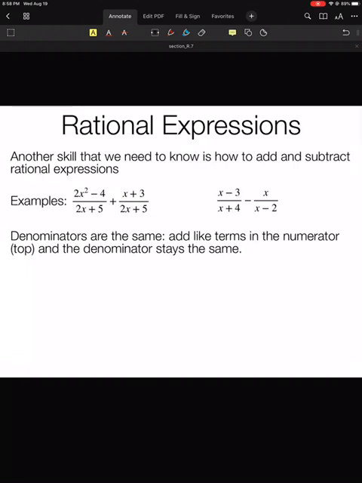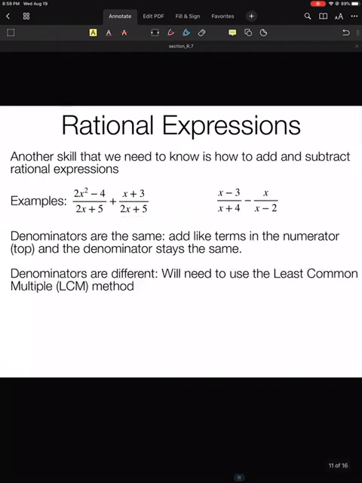And so the final answer would be 2x squared plus x minus 1 over 2x plus 5. I combined like terms in the top, and then the bottom just stayed the same. That's the ideal situation, or the easiest situation for us to work with.